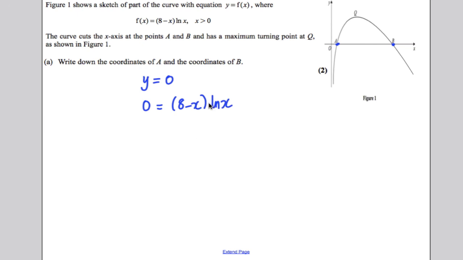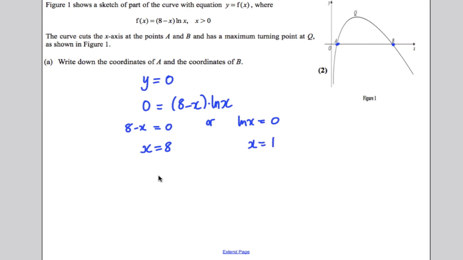Now, there are two things multiplying each other here. For this to be equal to 0, either 8 minus x is equal to 0, or ln x is equal to 0. 8 minus x is equal to 0 if x is equal to 8, and ln x is equal to 0 if x is equal to 1.